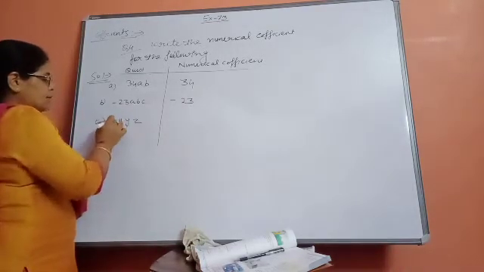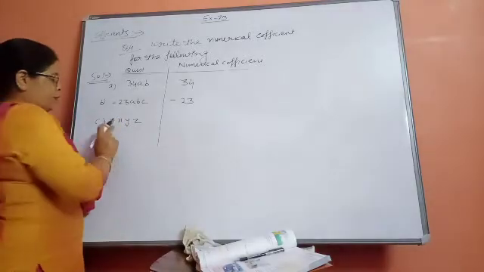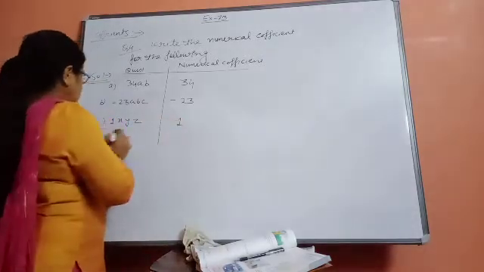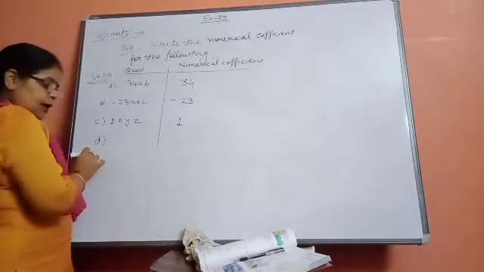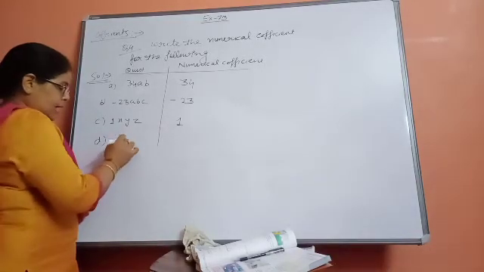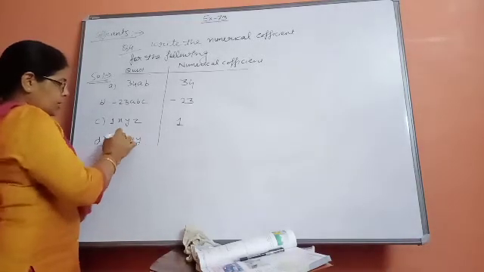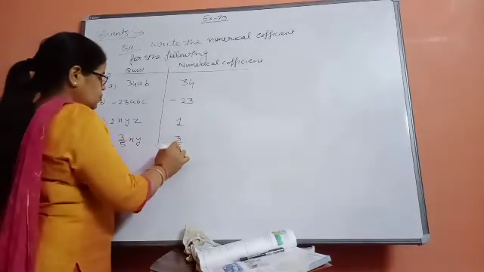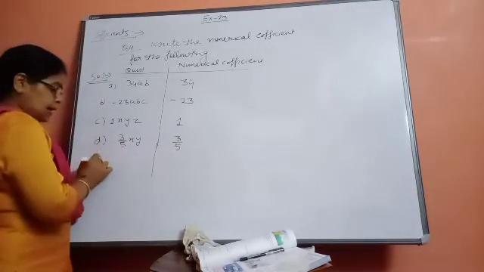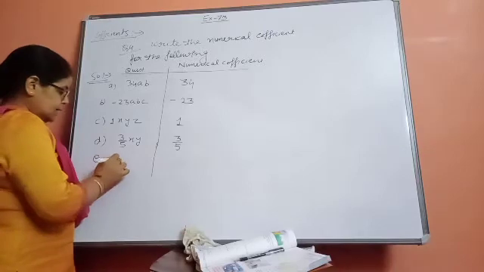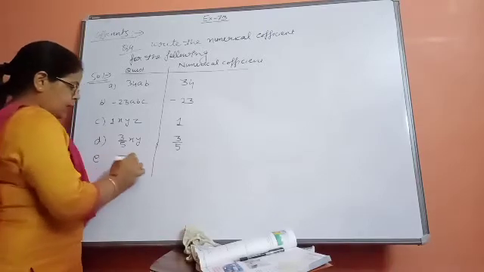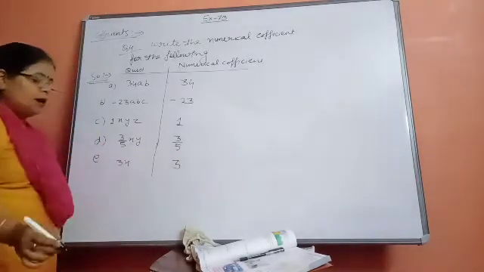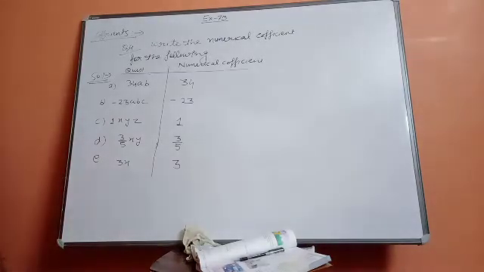If nothing is there, it means 1 will be there. So what will be its numerical value? 1. Then D part. 3 upon 5 xy. What is the arithmetic value? 3 upon 5. And lastly E part, that is 3x. So what is the numerical value? 3. So in this way you can complete the question.